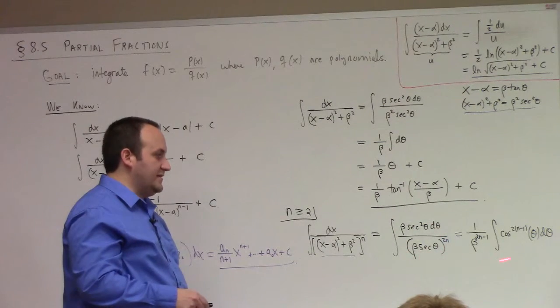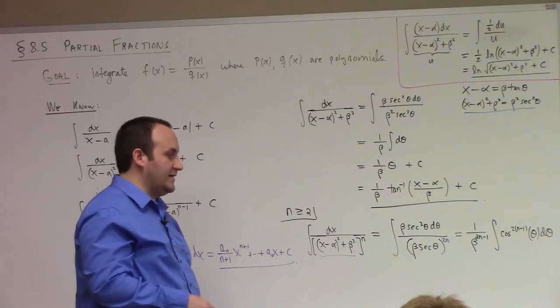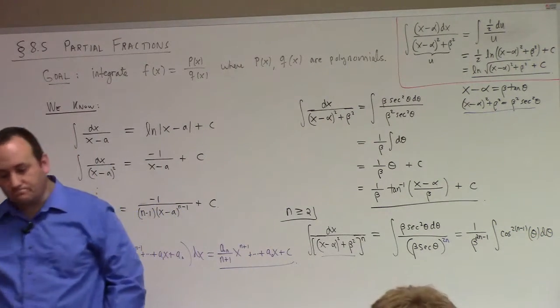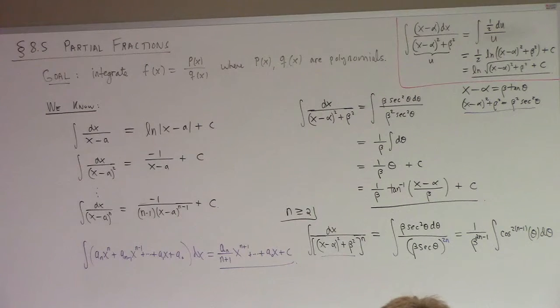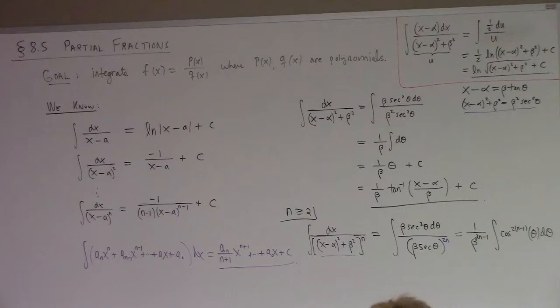And when I simplify this, I just have the cosine to the 2 times n minus 1 power theta d theta. Don't worry, I'm not actually going to work these out. My point to you is that it doesn't matter if n is equal to 2 or 3 or 4 or 5 or whatever. In principle, we can do those, right? It's a pain, but this is well within our grasp. We can do these integrals. Consequently, we can integrate this function for a square, a cube, a fourth, whatever.